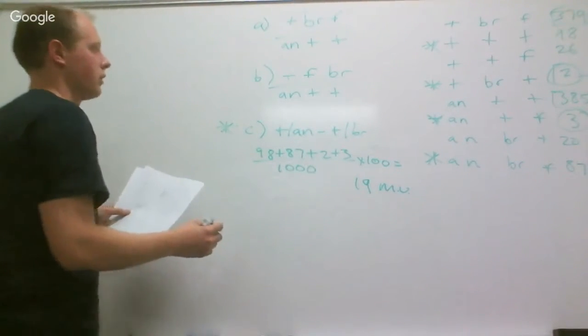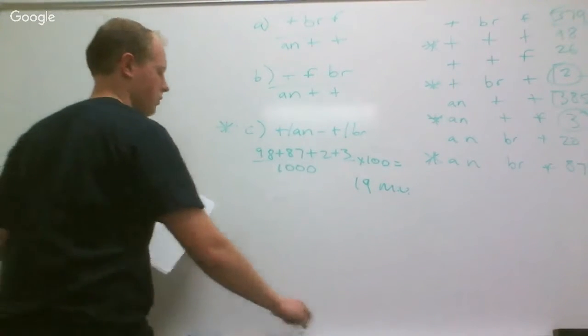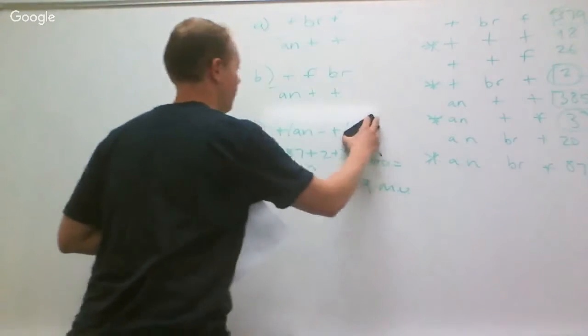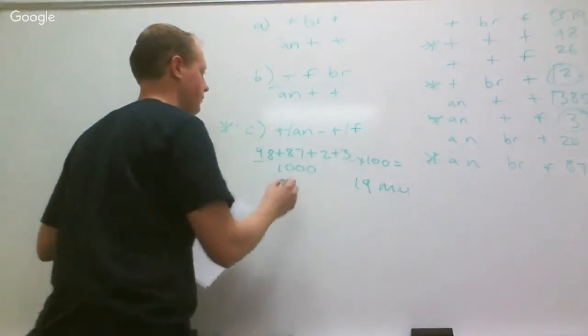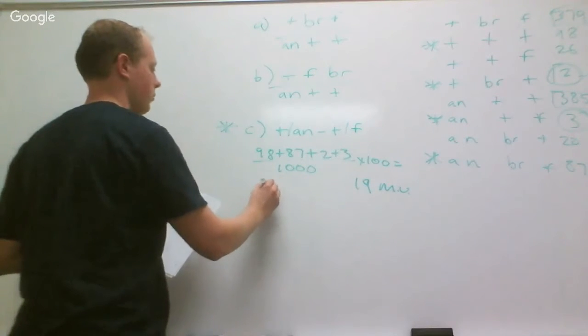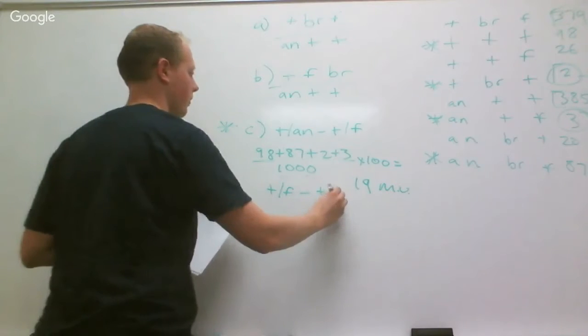Now I'll do this with the second set of genes. This was actually the F gene right here. I apologize. So the next set will be the F, and now we'll do the VR.